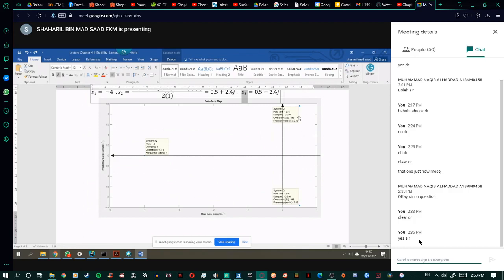So that means your roots need to be to the left of the imaginary axis. If your roots are located here, here, here, we can say that yes, it is stable. If your root lies on the imaginary axis, that means we cannot say it is stable. We say that our system is not stable. Okay, this is how you draw.